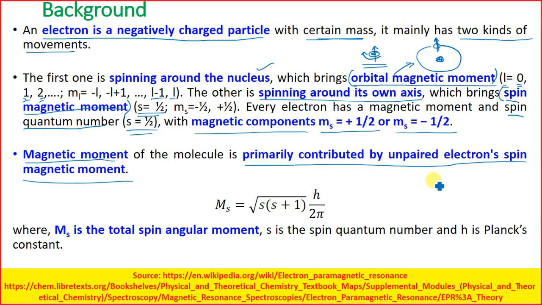Just like in the protons we have discussed, if there are protons which are paired, they will be arranged in such a way that they have opposite spinning attributes, and that would result in the cancellation of the magnetic moments. So this is a localized phenomenon.